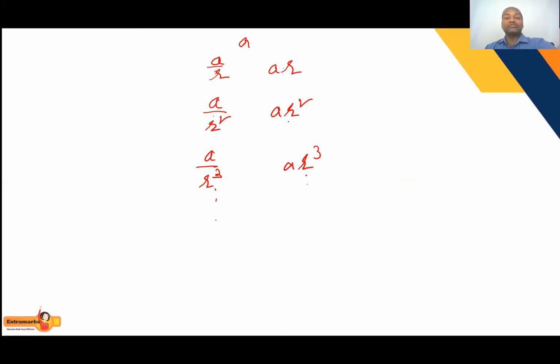Suppose 4 terms in GP: an even number of terms is there, so excluding A, and alternate terms you consider. That is A by R cube. Next you remove this one, A by R. Next AR. Next AR cube.